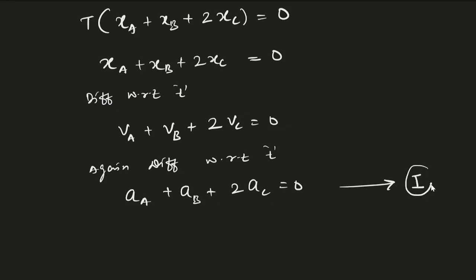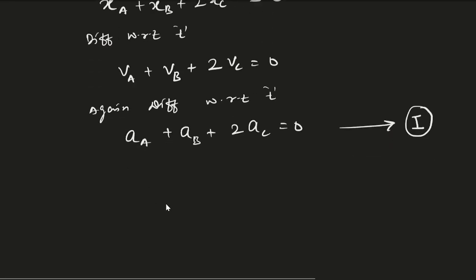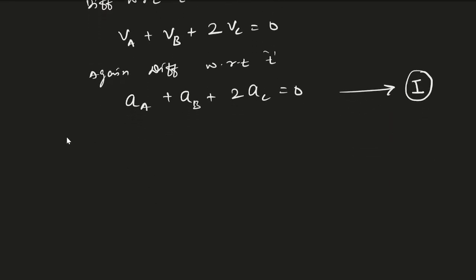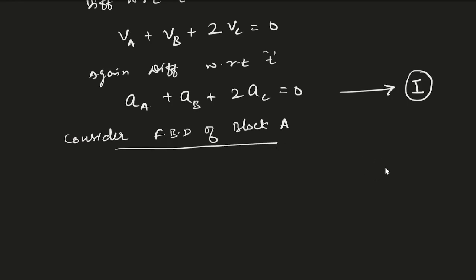Now we have to find the acceleration of A, acceleration of B, and acceleration of C. After finding all these accelerations, we have to put them in this equation. How we are going to find this acceleration is, we have to consider the FBD of block A, block B and block C. For block A, we have a tension acting upward and the weight of the block acting downward.